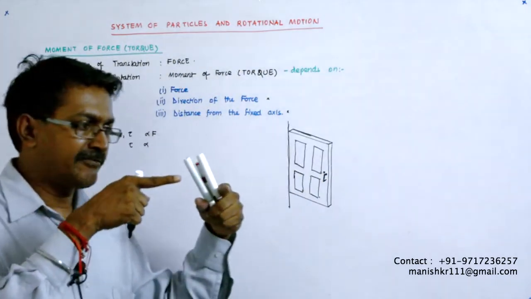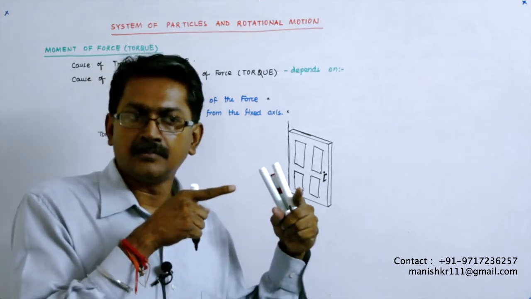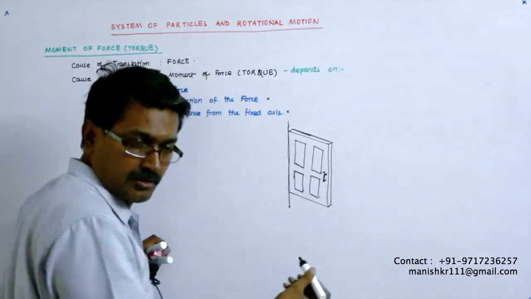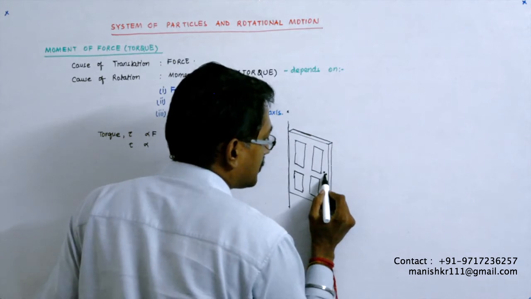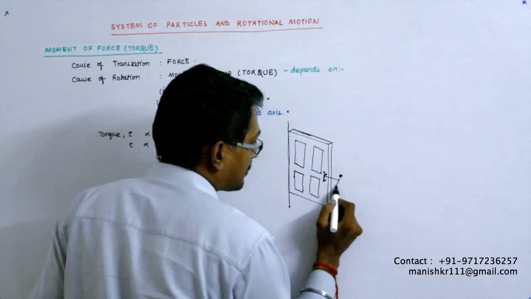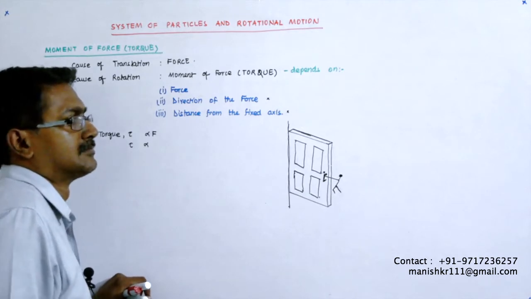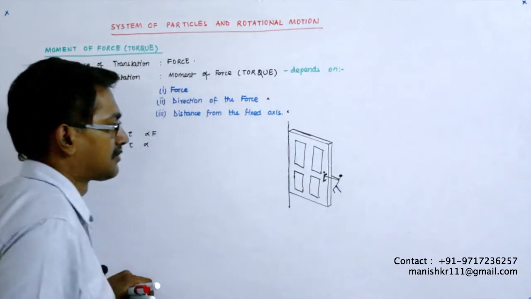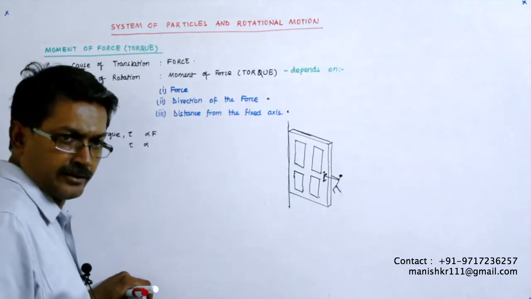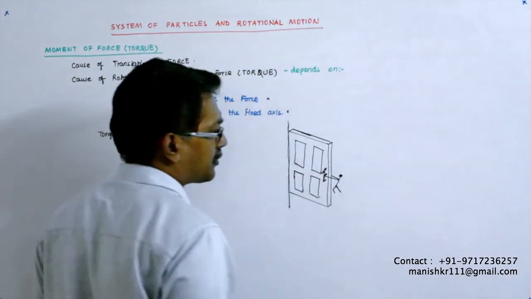So I see that when it acts perpendicular to it, it was the maximum, and when I was pulling parallel to the door, to the plane of the door, I was hanging like that. So it didn't move.